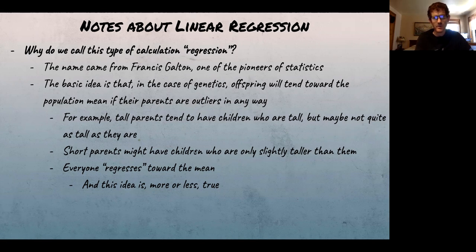If it's an extreme low outlier, it's going to fall back toward the mean by being higher. If it's an extreme high outlier, it's going to tend to fall back to the mean, being lower in the next generation. So they regress, and the idea is more or less true as far as how it plays out in real life, but that's just the idea of where regression comes from. And now we're stuck with the term.